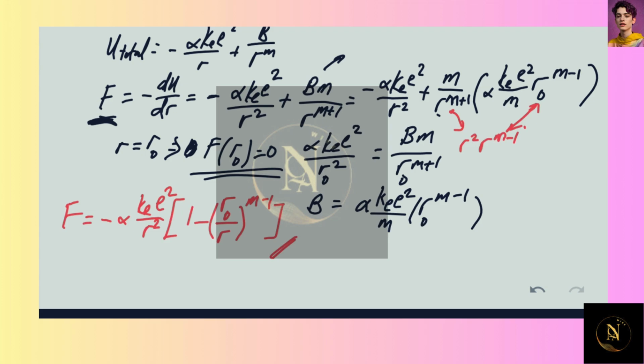So basically we are looking at our r becoming r naught plus some small distance s, right, from the equilibrium point, and we want to find what is the force that is acting on it. Alright, so this is the expression.